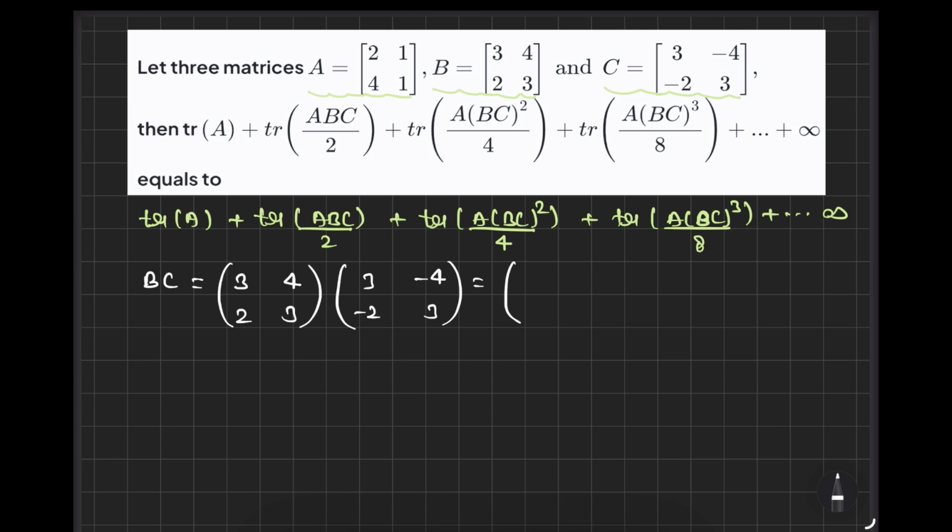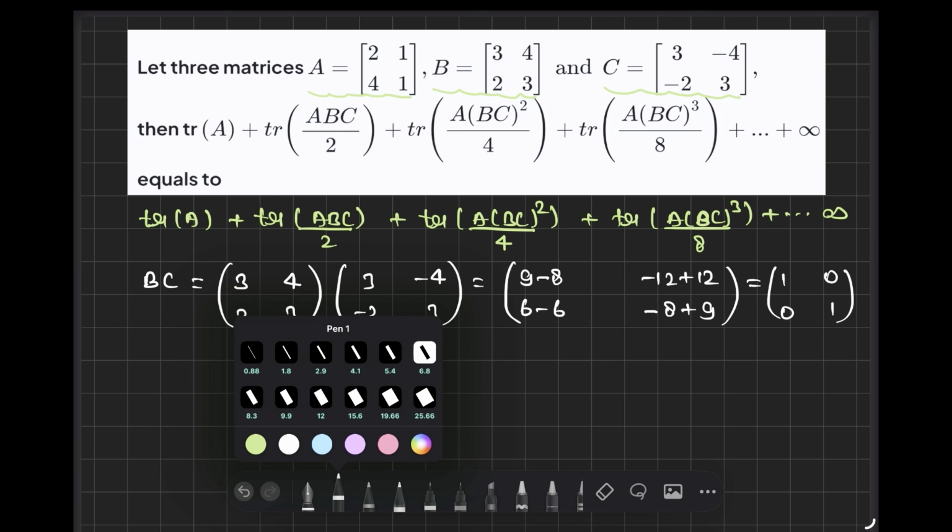If you'll multiply, you will have 9 minus 8, and then 4 3 is 12 plus 12, and then 6 minus 6, and then minus 8 plus 9. So if you will observe, it is 1 0 0 1. So it's nothing but the identity matrix. Okay, BC is the identity matrix.